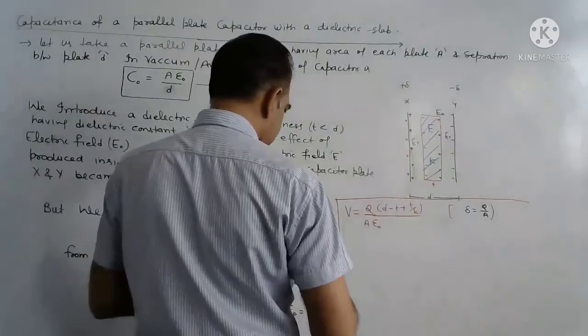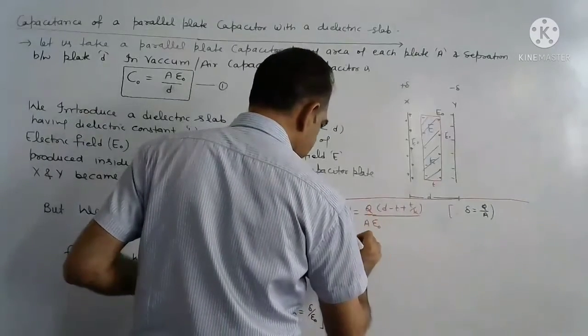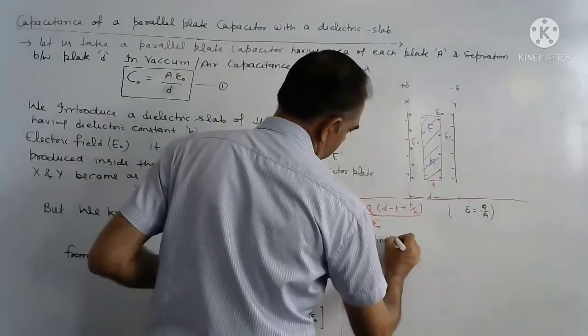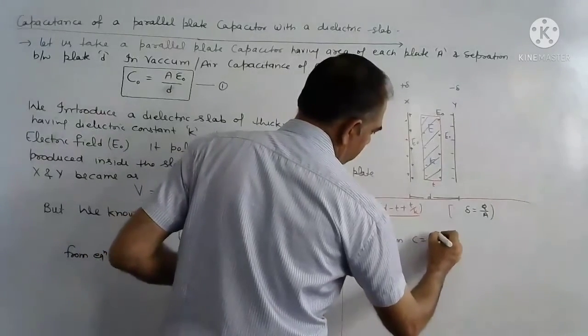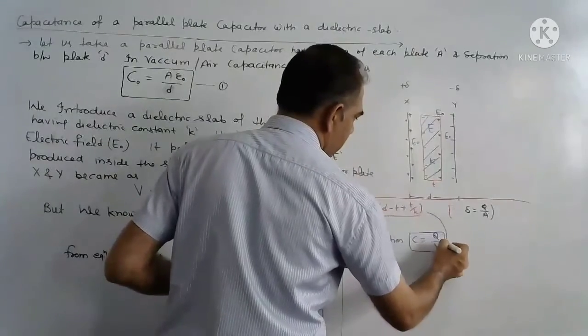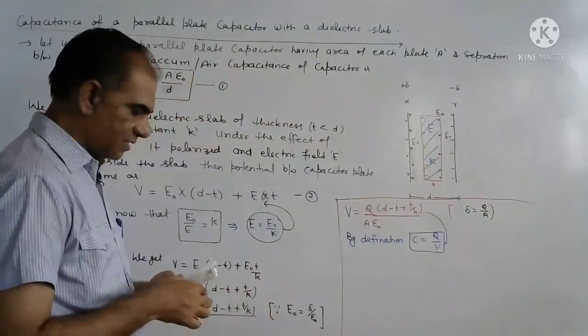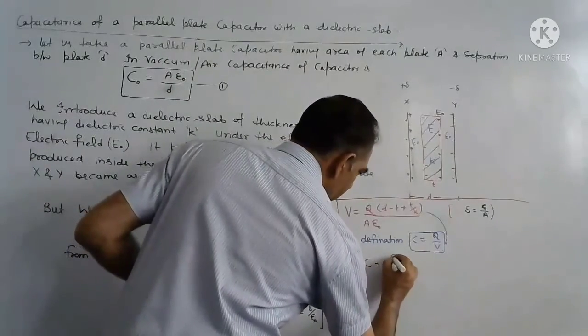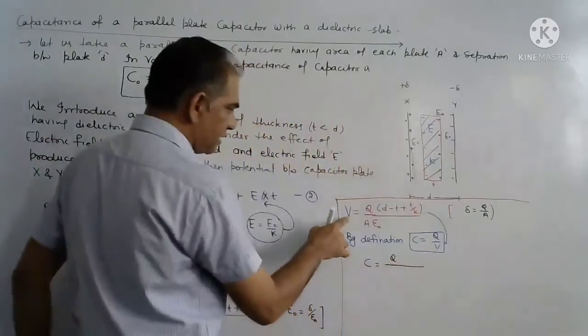By definition of capacitance, C is equal to Q upon V. Put this value here, and finally we get the capacitance. C is equal to Q upon V, where V is this.